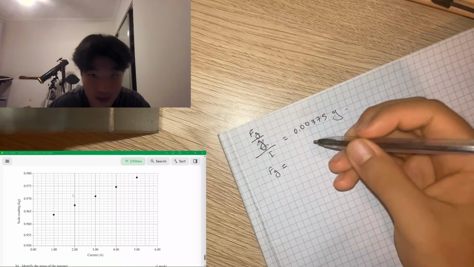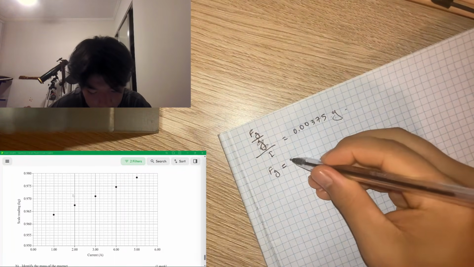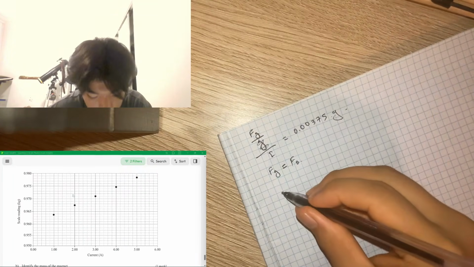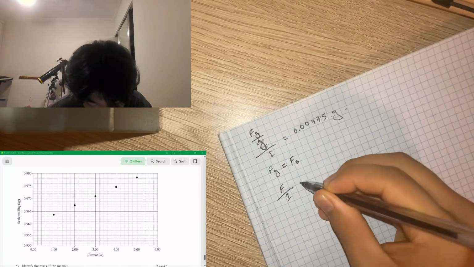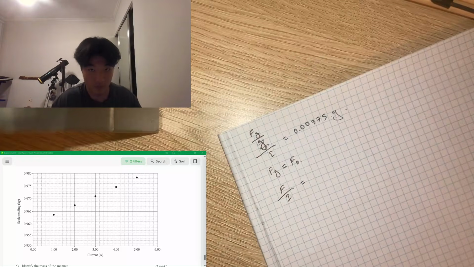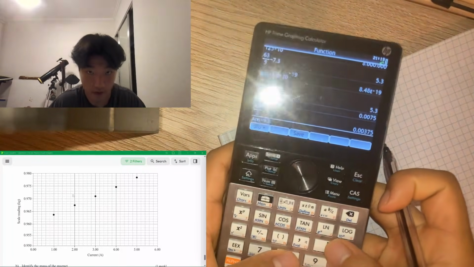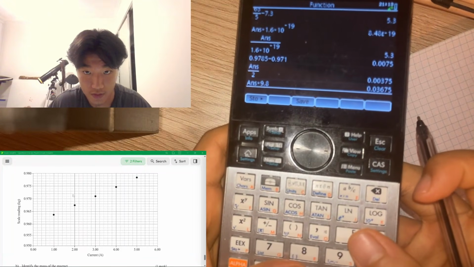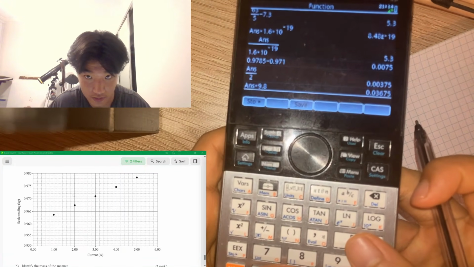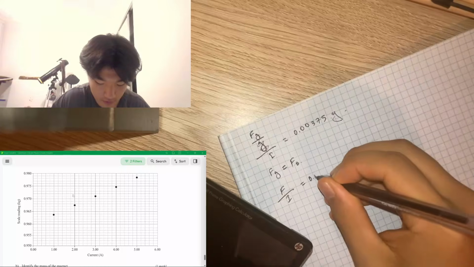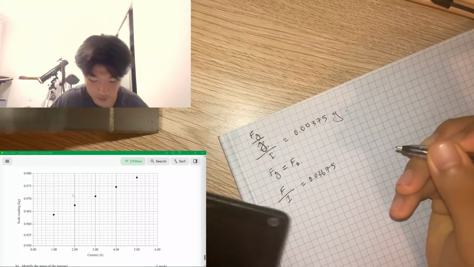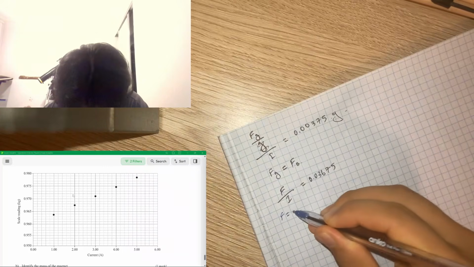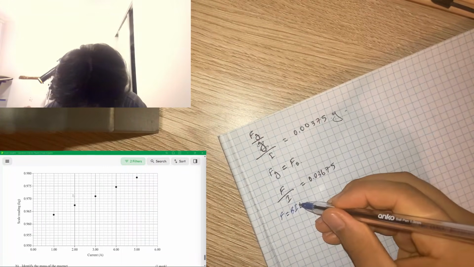Force due to gravity in this case is actually the force acting on the wire due to the magnetic field. It's the answer by 9.8, which we get 0.03675. I could be doing this very incorrectly, by the way, so just be aware. F equals BIL.